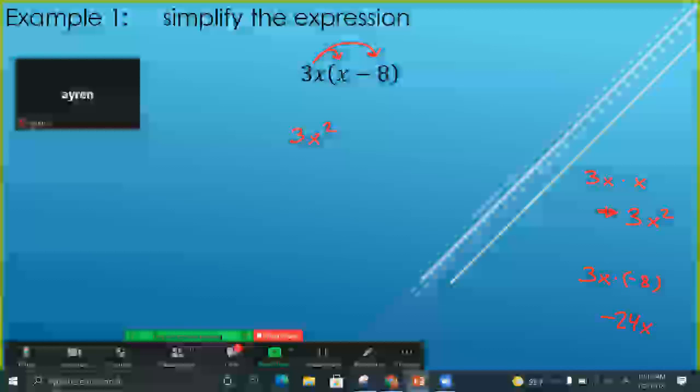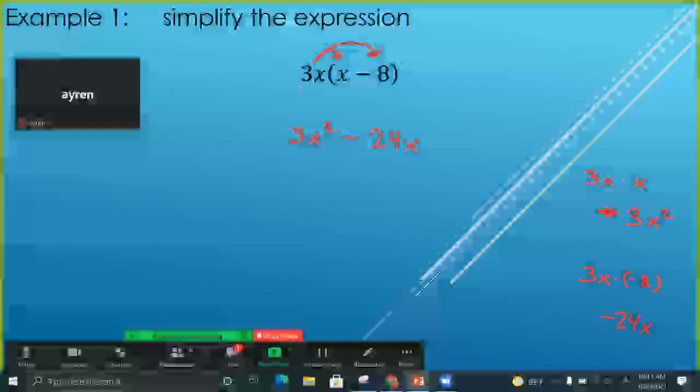There's only one x there, so it doesn't get squared or moved up in the degree. And that's it. So really, this wasn't a polynomial because it was just a monomial, the 3x.